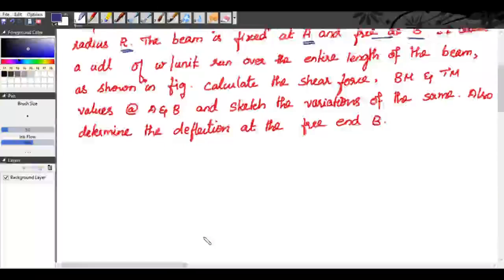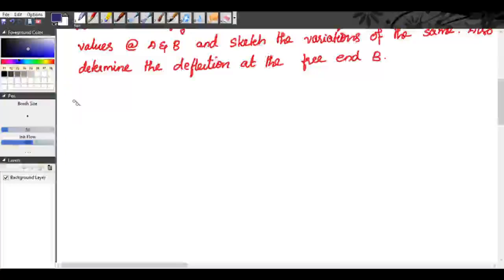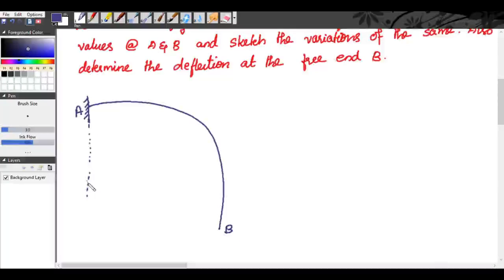So our given curved cantilever beam forming a quadrant of the circle is like this. End A is fixed and end B is free. So we can take this end as A and this end as B. If you extend A and B perpendicularly, they will meet at a point.